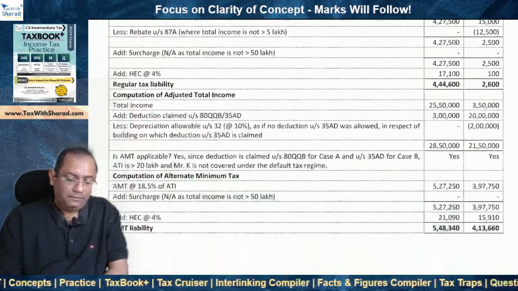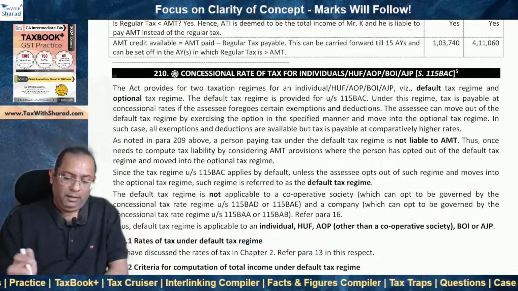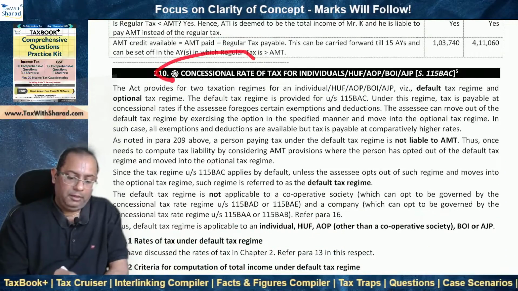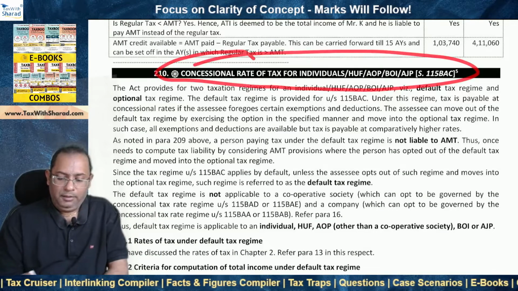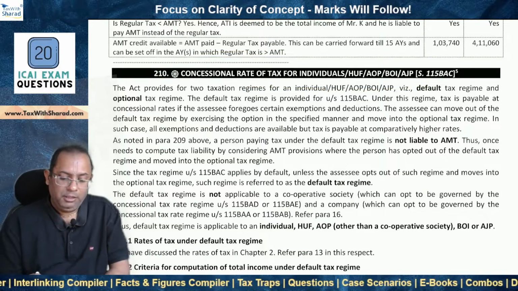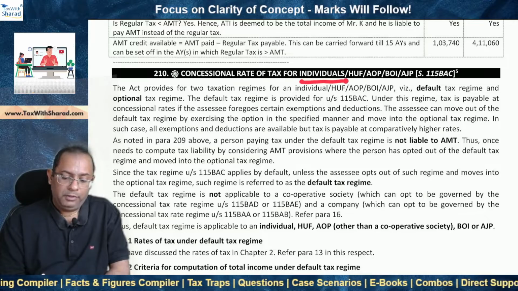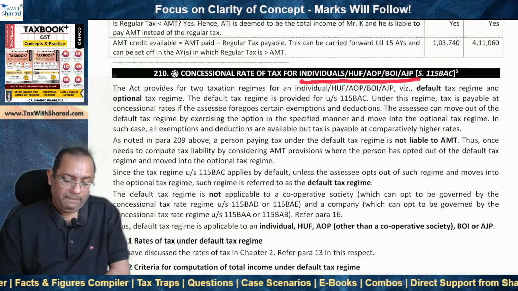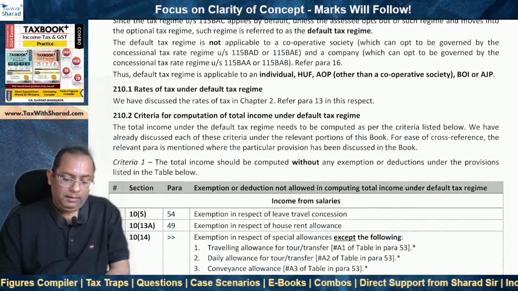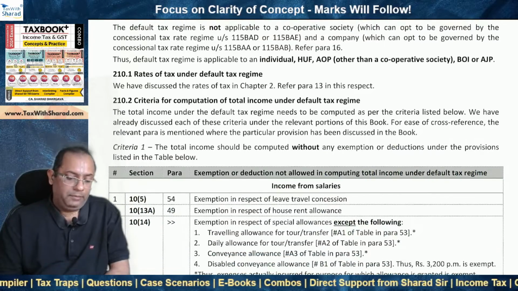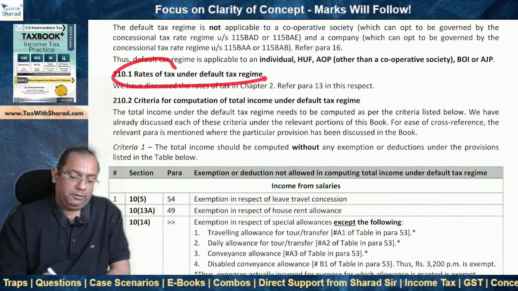So this is a quick recap of AMT, and now we move to concessional rates of tax under section 115BAC. This is the default tax regime, and it applies to individuals, HUF, AOP, BOI, AJP. In this case, we are aware that certain concessional rates of tax apply.